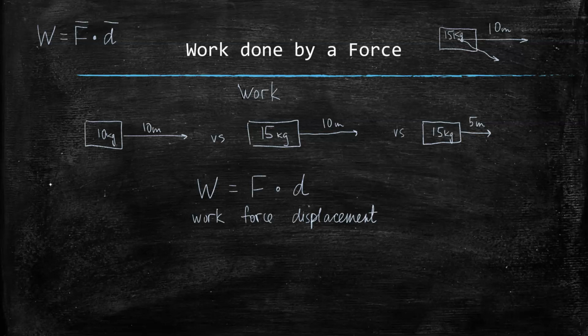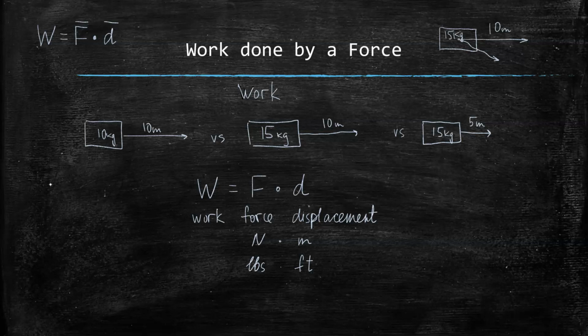Now, what are the units of work? When force is measured in newtons, in that case, distance must be measured in meters. And if force is measured in pounds, then the distance must be measured in feet.